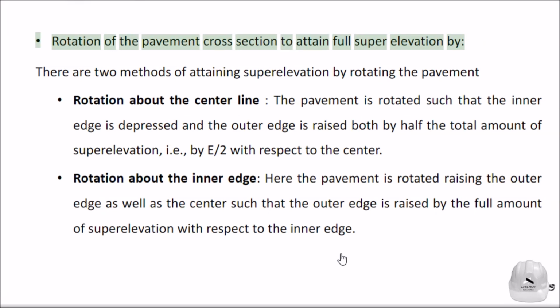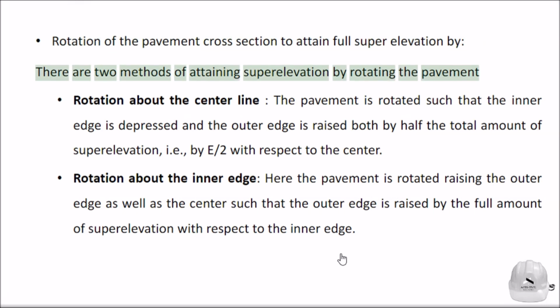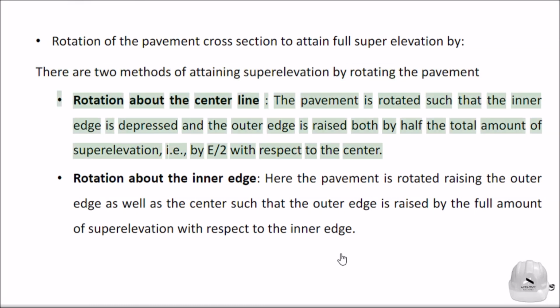Rotation of the pavement cross-section to attain full superelevation. There are two methods of attaining superelevation by rotating the pavement. Rotation about the center line.